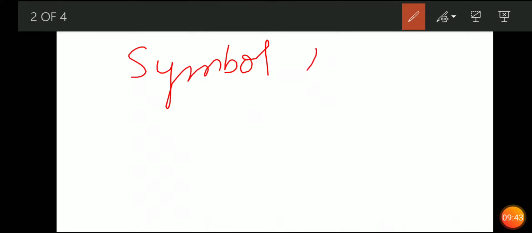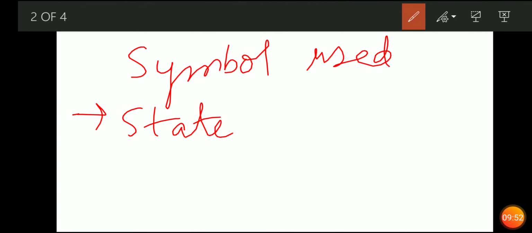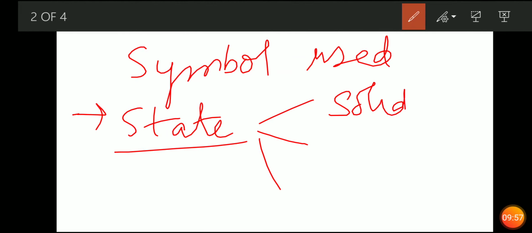Now when we are writing the chemical equation or chemical reaction, we will remember some given terms, some symbols used in the chemical reaction. First, to show the state, that is solid, liquid or gaseous state.